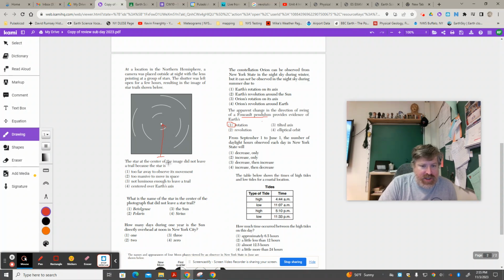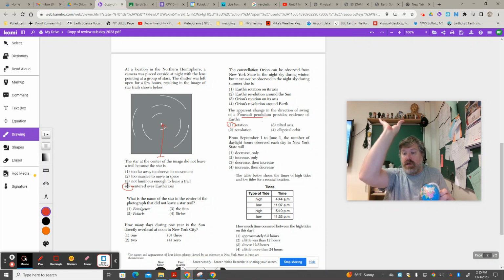What are they asking us here? The star at the center did not leave because the star is what? It is centered over Earth's axis. As we spin, this is like being on the carousel at the Carousel Mall. If you could pretend you're on the carousel sitting still and you look up at the ceiling, from your still perspective, the whole ceiling is spinning circles around you, right?